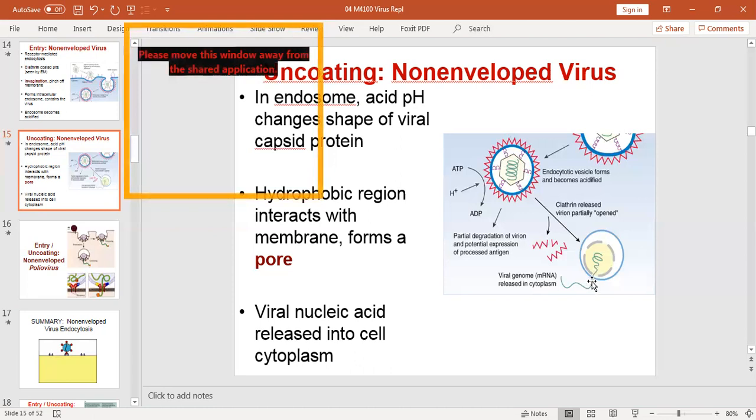Through this pore, the viral nucleic acid will be released into the host cell cytoplasm.